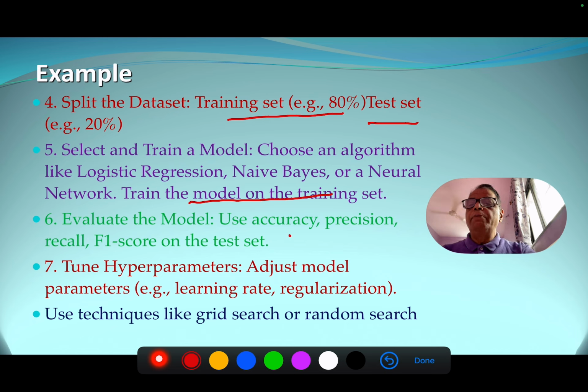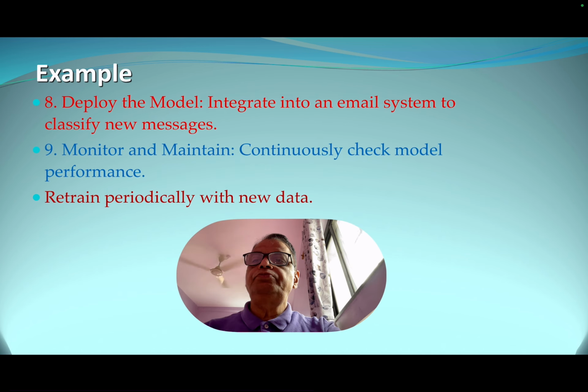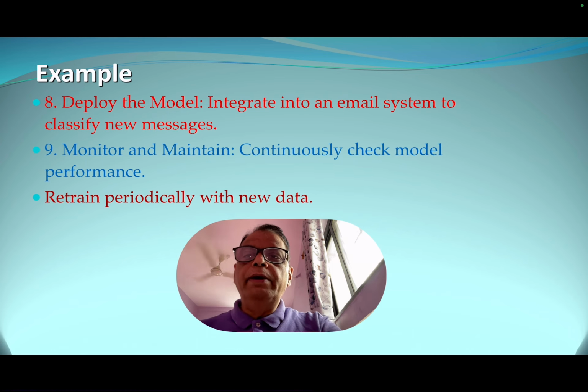So you can adjust the model parameters. Say, for example, you can adjust the learning rate, you can adjust the regularization so that the model performance will be at a satisfactory level. And also you can make use of techniques such as grid search or random search. Now, once the model is working appropriately for you, then you can think of deploying it.